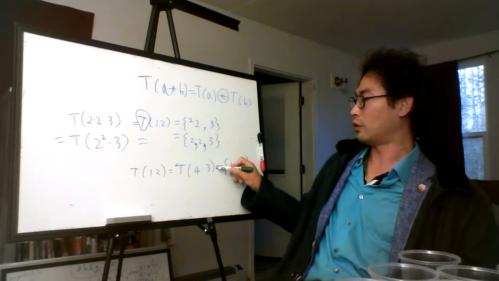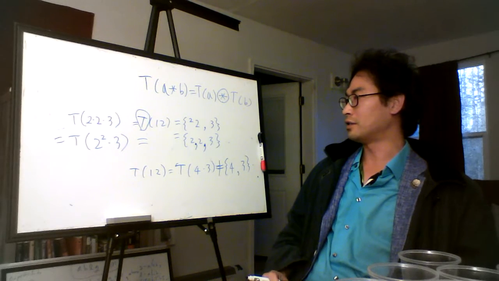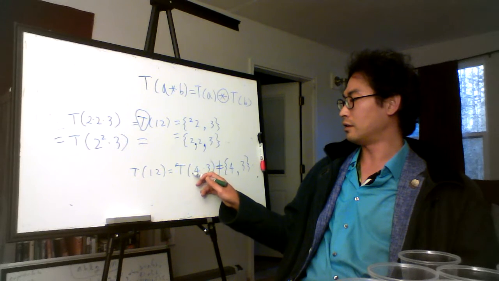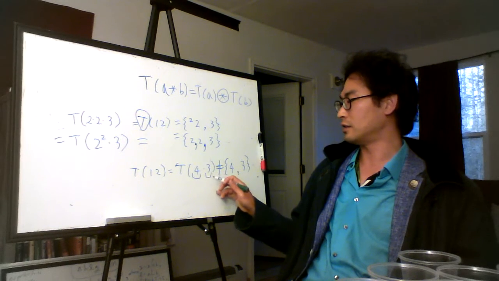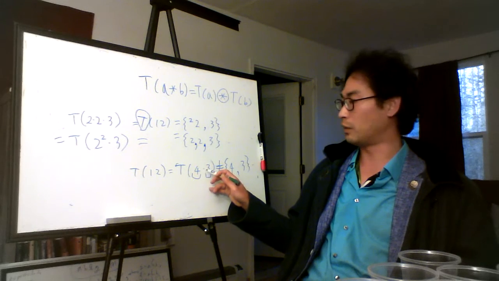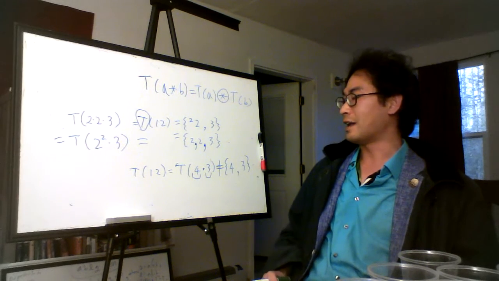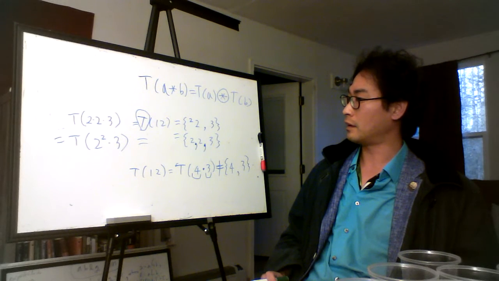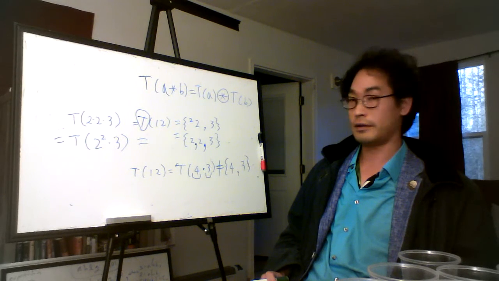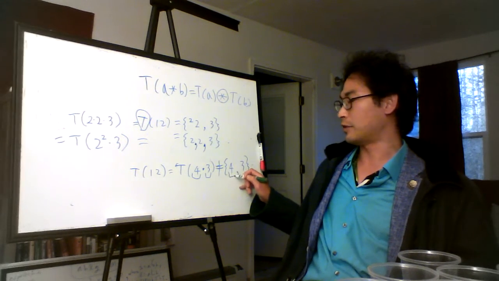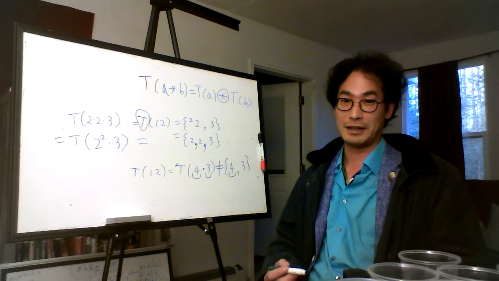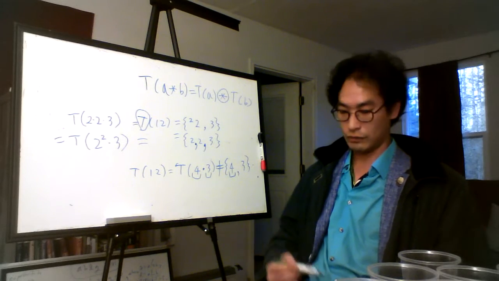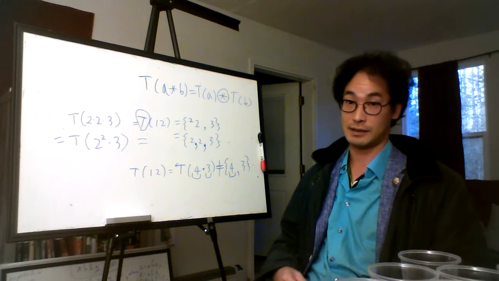No. Why? Because by definition, each individual number inside this multiplicative expression has to be a prime number. But 4 is not a prime number, it's a composite number. So we need to formally define what t is.